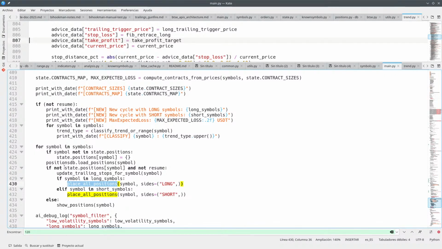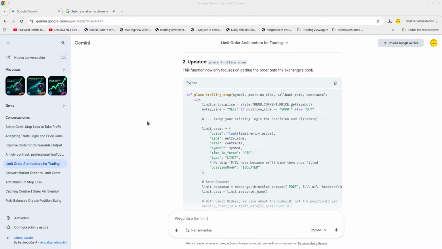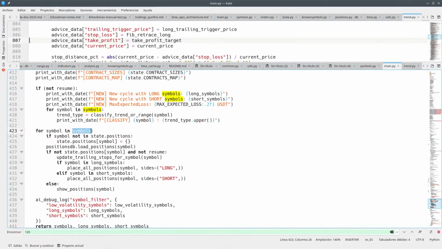What we are checking is the state positions for each one of the symbols that we have saved here. So basically we need to attempt to check the orders, and then once we have checked the orders, we just trade with them. So yeah, too many changes in one go for me to undertake, but that's why we have these LLMs.